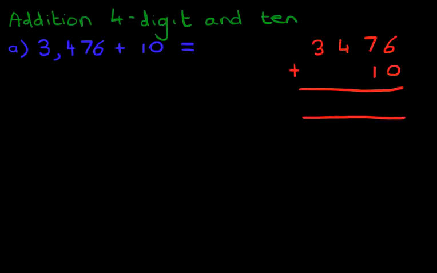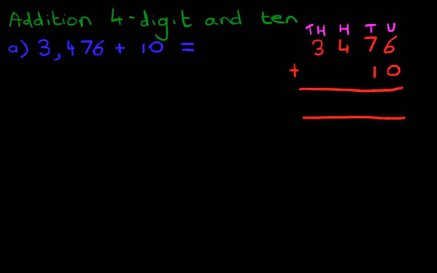And we're going to label the columns as well. So the first column is the units column on the right hand side. The next one is tens. Then we have the hundreds column, and you know this one, the last one is the thousands column.